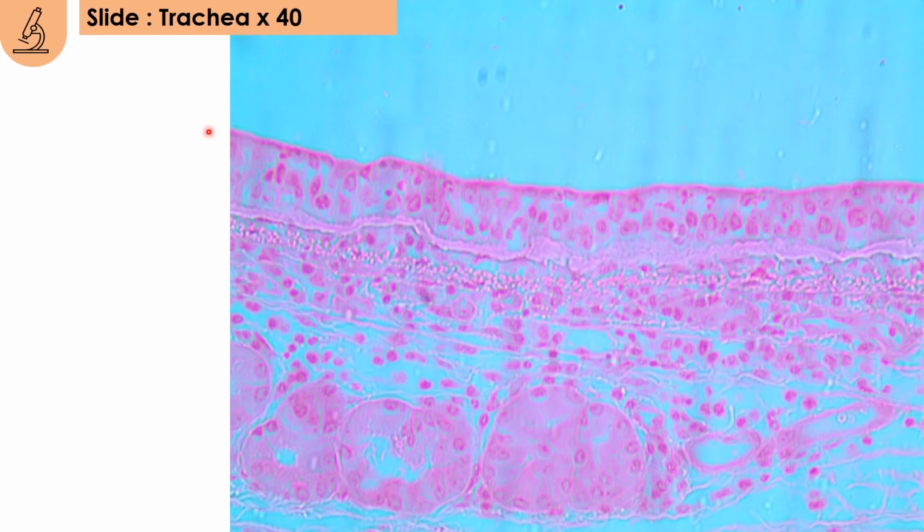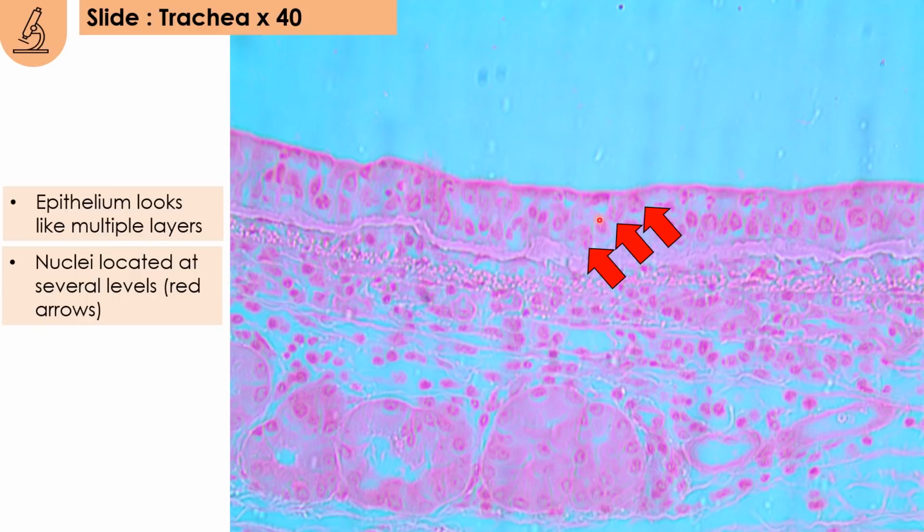How can you describe this epithelium? It looks like it has multiple layers, isn't it? You can see the nuclei: some at the basal area, some at the center, and some at the apical part of the cells.